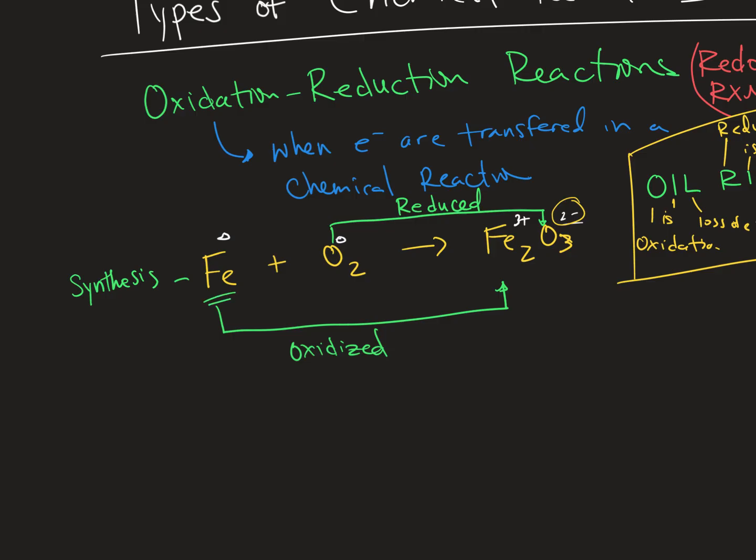We take our two elements and we make something with those two elements. Or we combine them. Sometimes it's called a combination reaction. So if we have this type of reaction, it is always an oxidation reduction reaction.